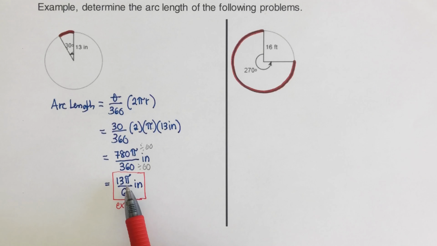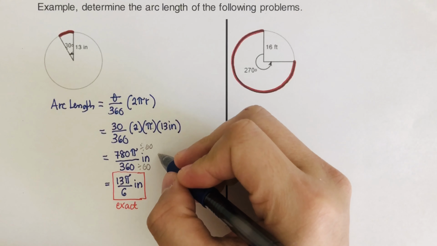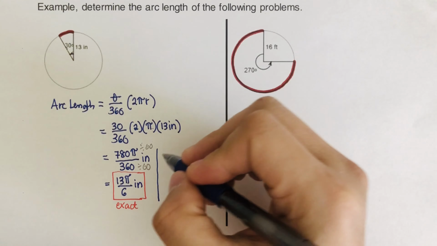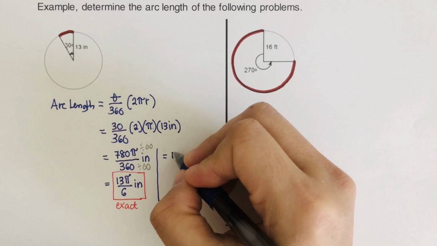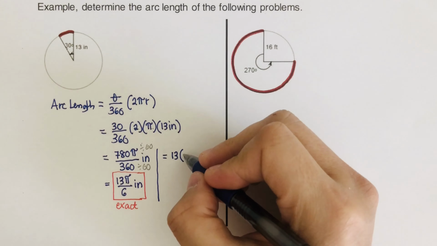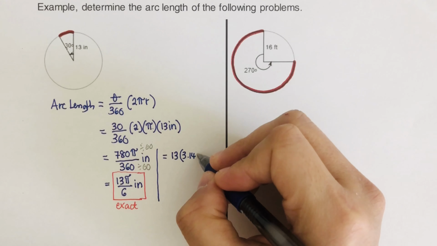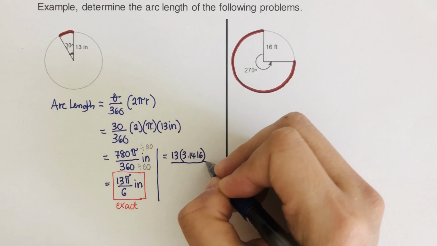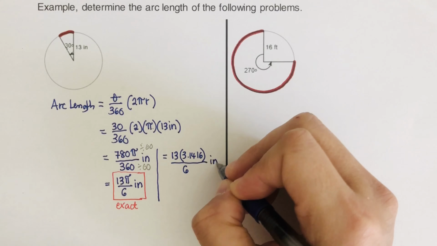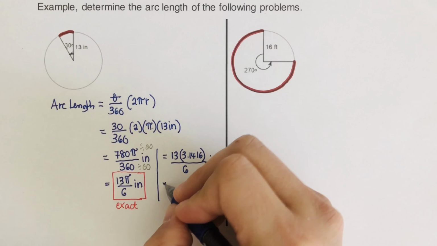Again, the pi is 3.1416. So from here we can determine the rounded value. That would be 13 times 3.1416 divided by 6, and the unit again is inches.